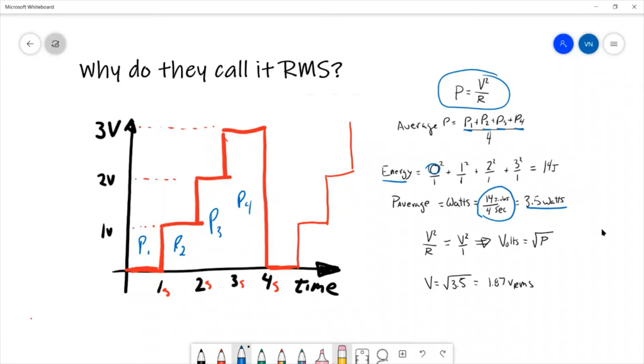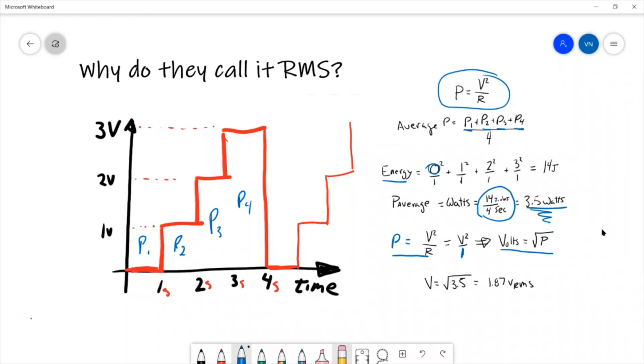Now the next question is, well, if power, which is V squared over R, is 3.5 watts, what voltage would we need in order to deliver 3.5 watts of power to a 1 ohm resistor? So if power equals V squared over R, if we rearrange that formula, we get that volts is equal to the root of power. We can ignore the resistor because I picked 1 ohm resistance.